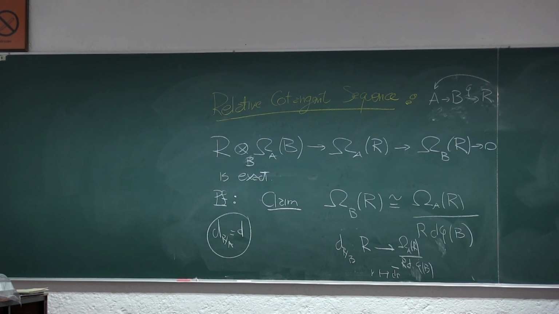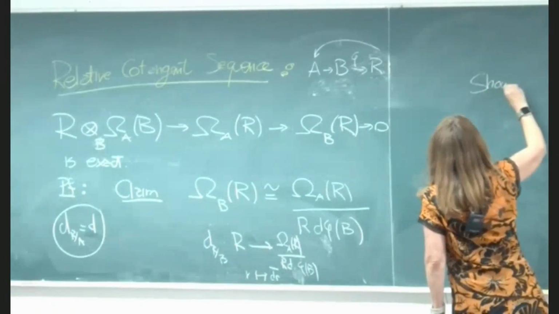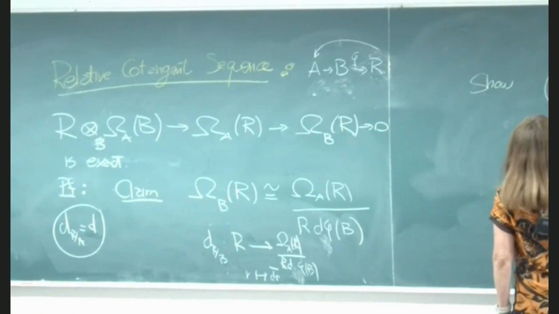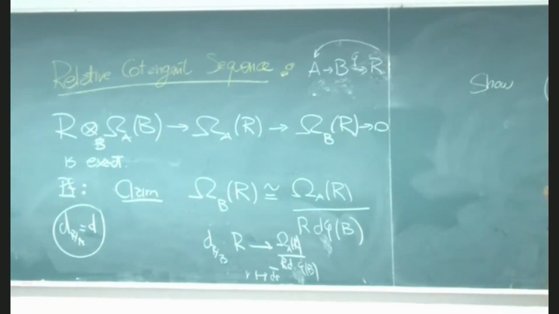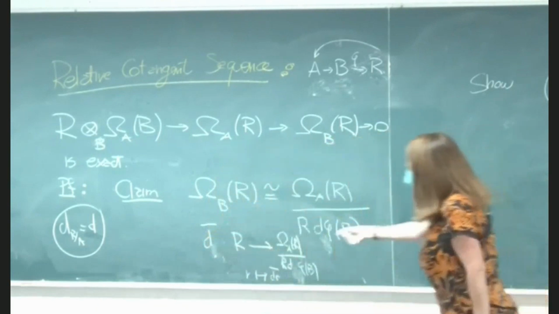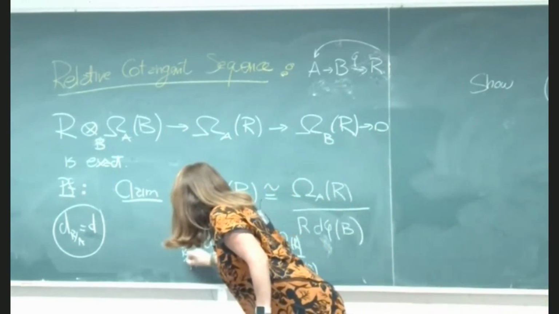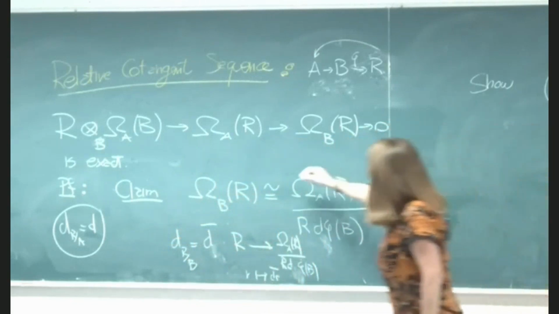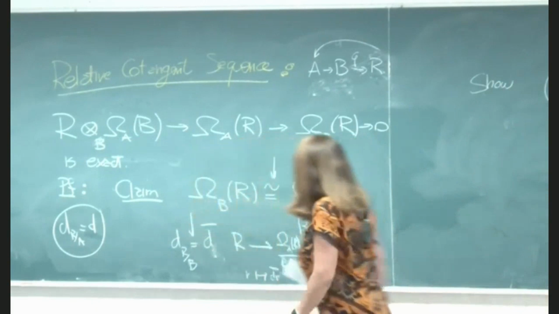So how do you prove it? Show that the pair Omega_{R/A} over R d phi(B), and then comma, I already called it D_{R/B}, I should call it D bar maybe, because I don't know that it's D_{R/B} yet, but that's what I want to prove. The claim is this isomorphism and this equality.